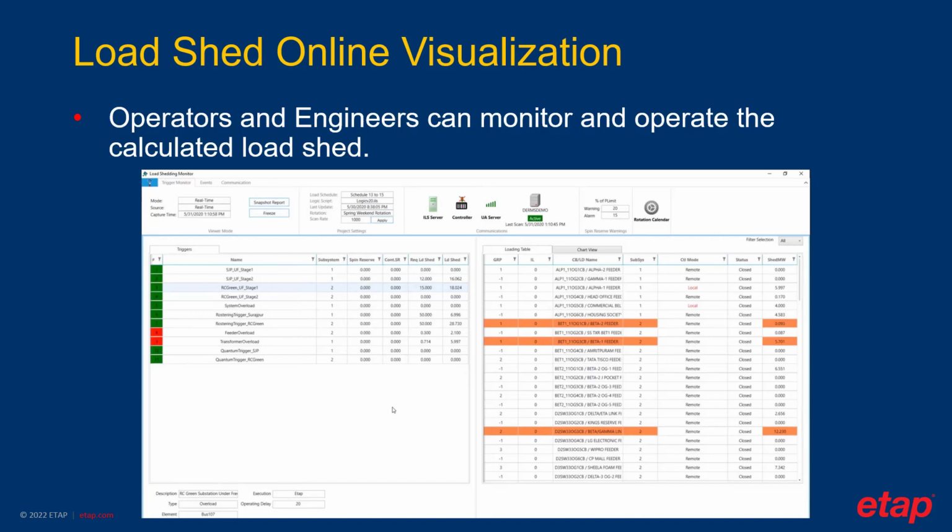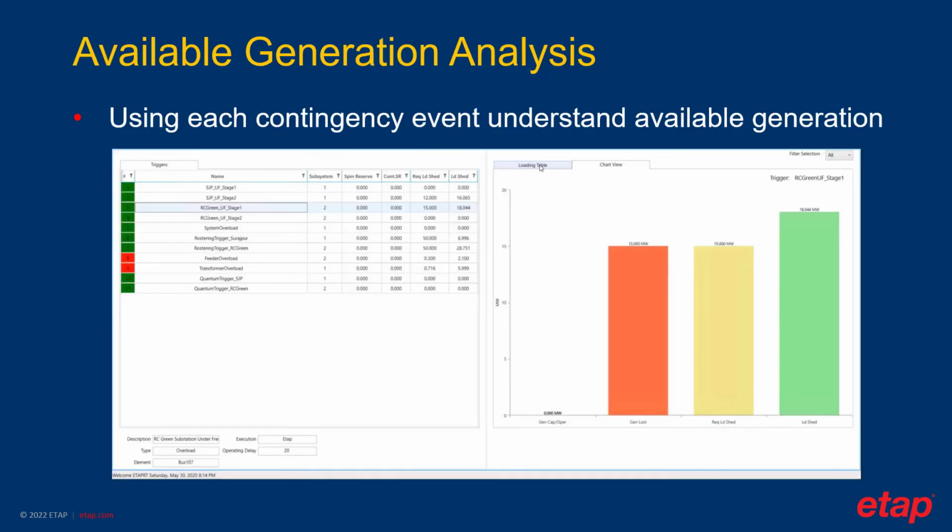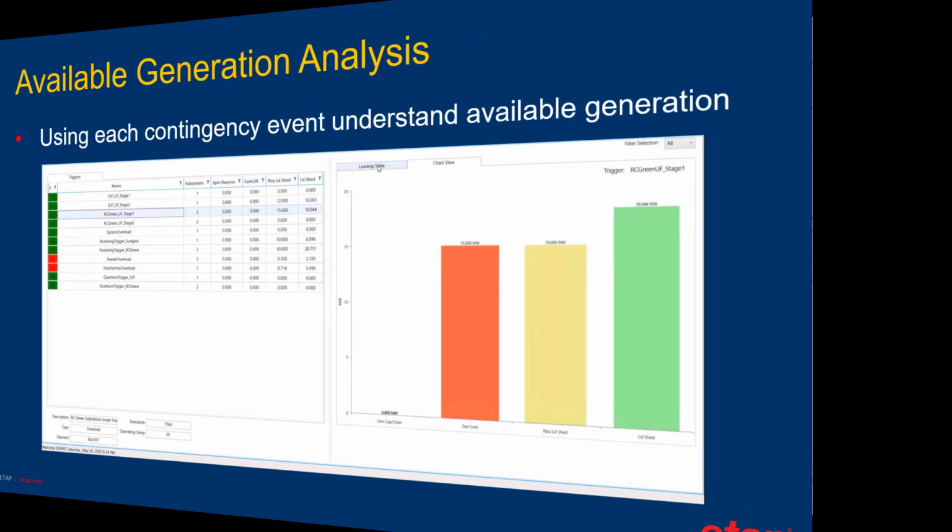Note that this tool also allows the operator to arm or disarm protection for each contingency event. This is very useful because it allows operators to perform maintenance without having to worry about any false positive load shed events. Additionally, this tool allows operators to analyze the available generation and resources for each contingency event.